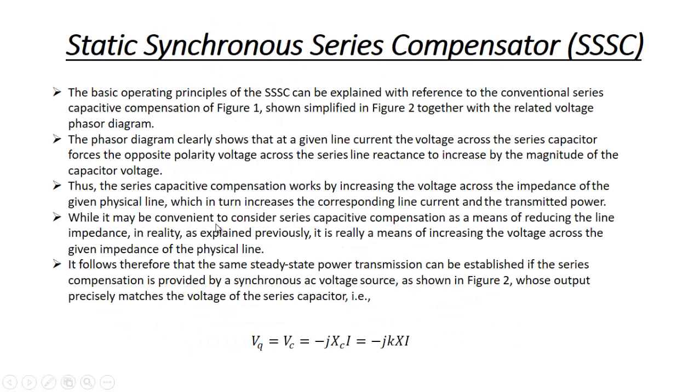While it may be convenient to consider series capacitive compensation as a means of reducing the line impedance, in reality, as explained just above, it is really a means of increasing the voltage across the given impedance of the physical line.